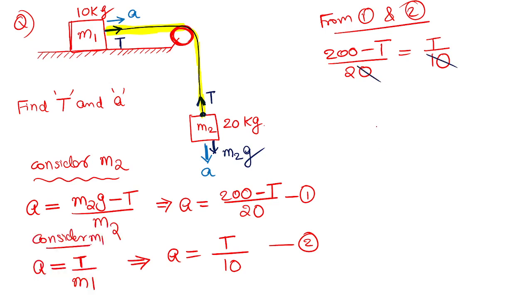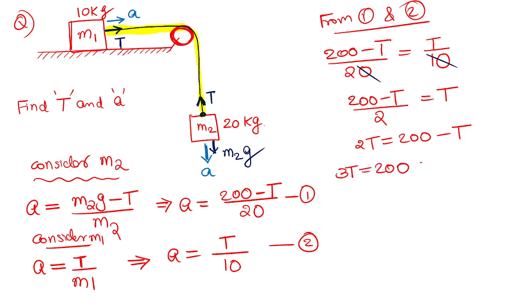These are the simple steps. 200 minus T divided by 2 equals T. Cross multiplication gives 2T equal to 200 minus T. Adding T to the left side, 3T equal to 200. Or tension equal to 200 by 3 Newton.